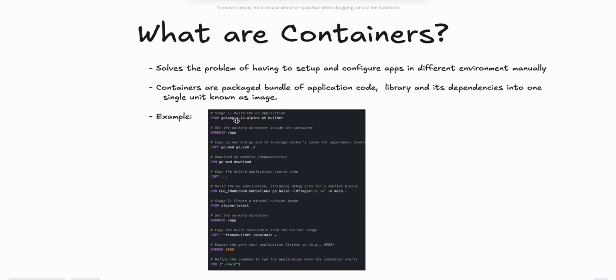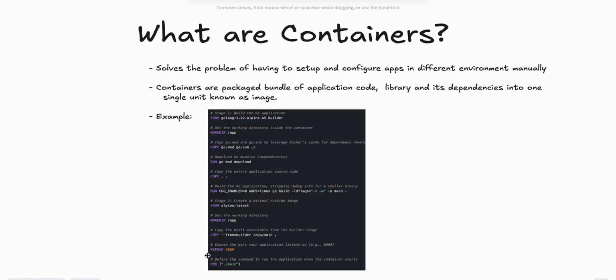Let's say I'm using Go 1.22, right? And then I go to an application directory, I copy all my modules and libraries files inside that directory, I download all the modules, and then I copy the entire source code in that directory, I do all the configurations, and then I run the go build command, which essentially builds the application binary for me.